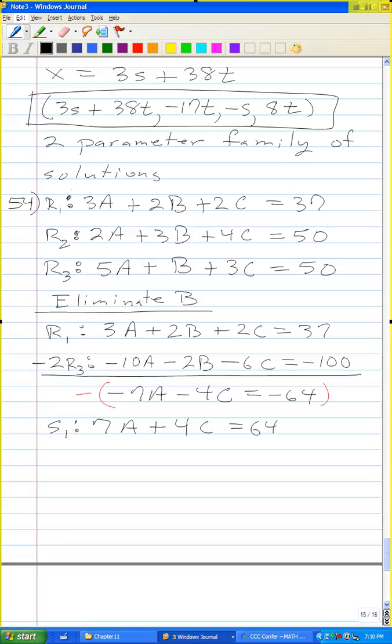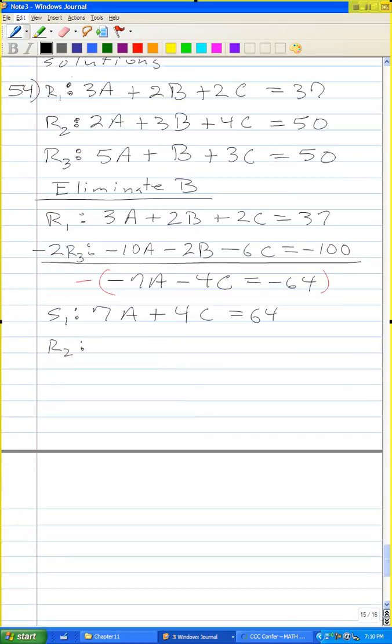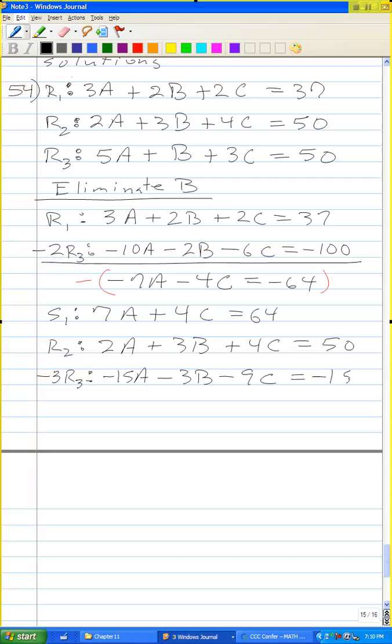Okay. Now let's do, I'm eliminating B. So let's do R2, 2A, plus 3B, plus 4C equals 50. And then let's do minus 3B, minus 3R3, minus 15A, minus 3B, minus 9C, minus 150.